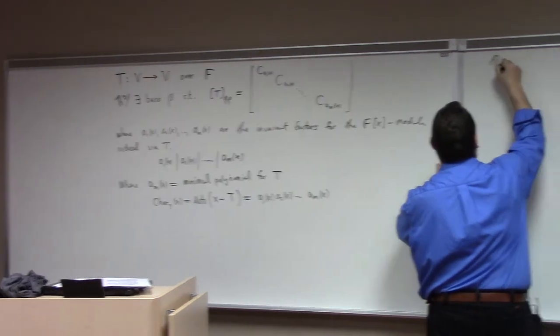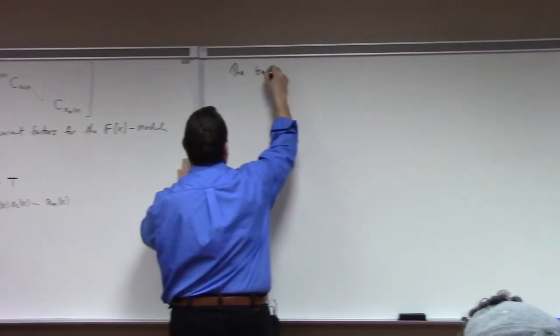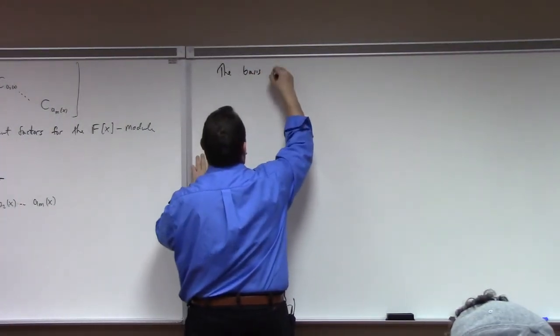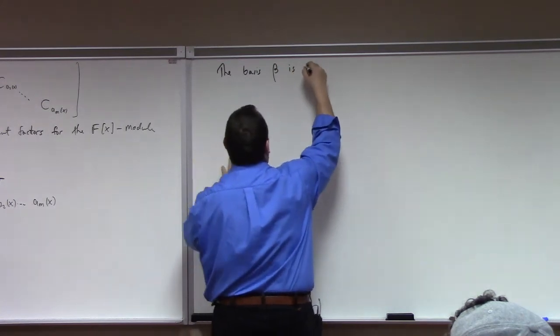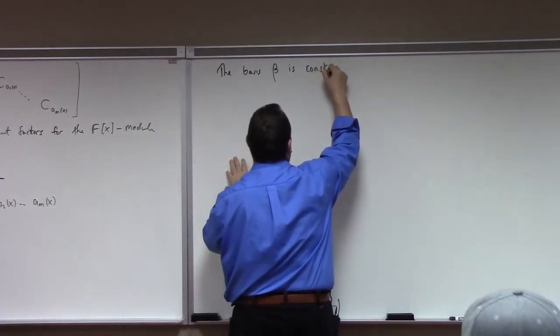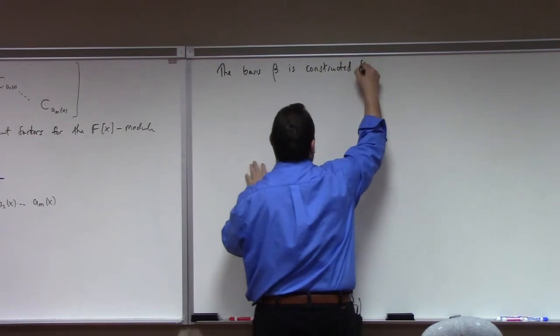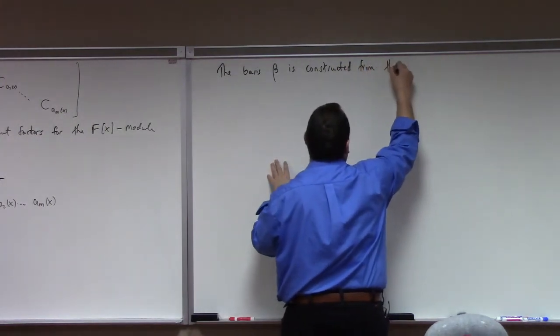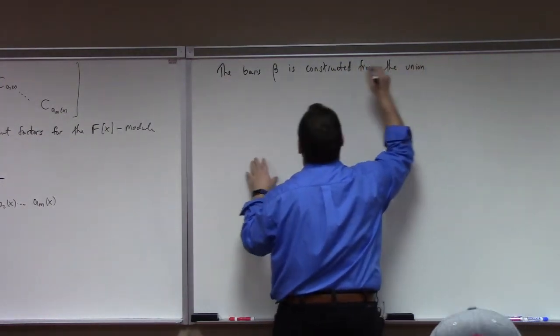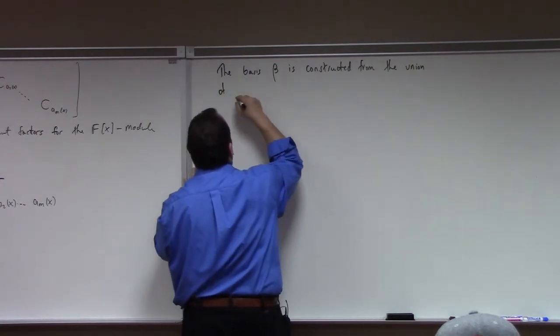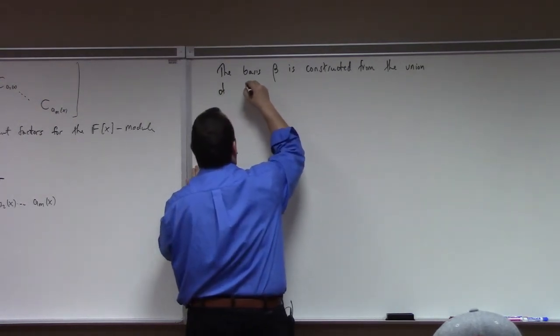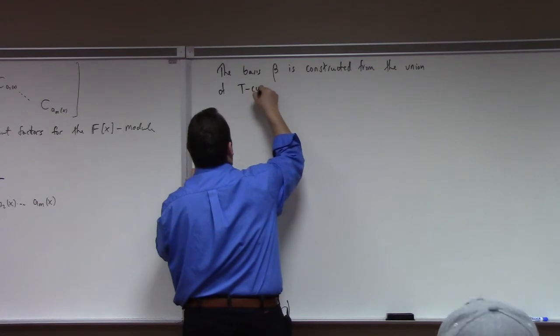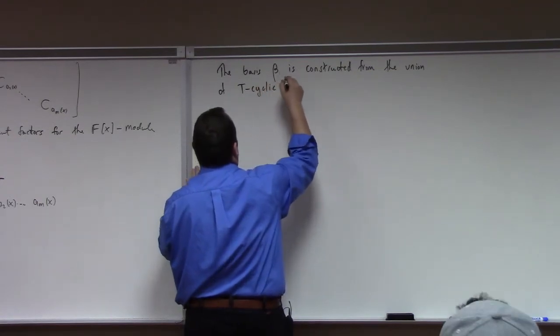The basis that I'm talking about in this theorem, beta, is constructed from the union of T-cyclic subbases.